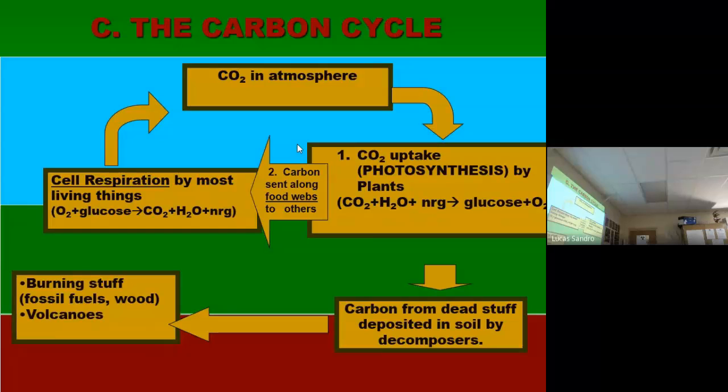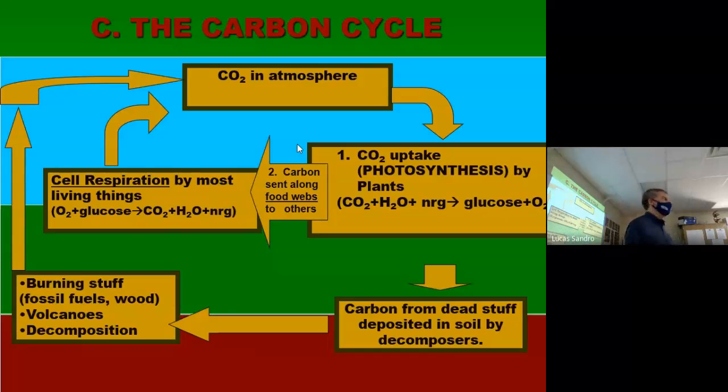Naturally, volcanoes put a lot of carbon into the air, as well as some of those bacterial decomposers doing the same thing. And that's what kind of completes that carbon cycle that's been going on for as long as living things have been alive.